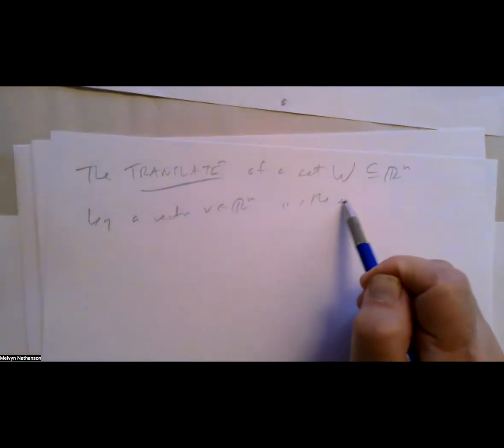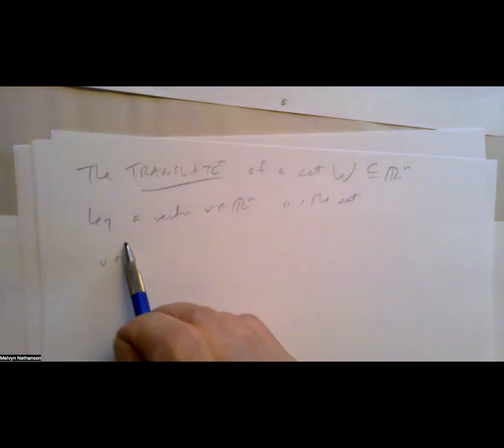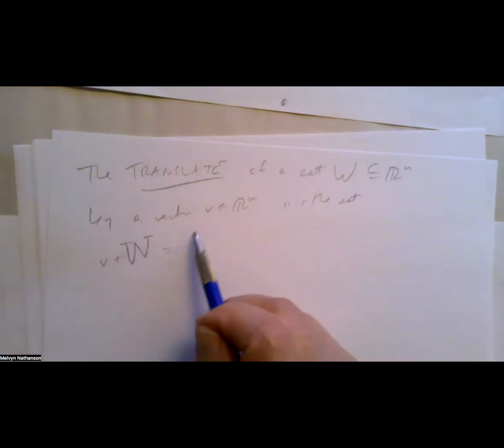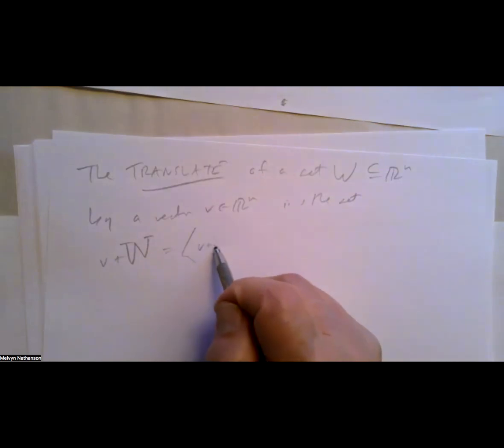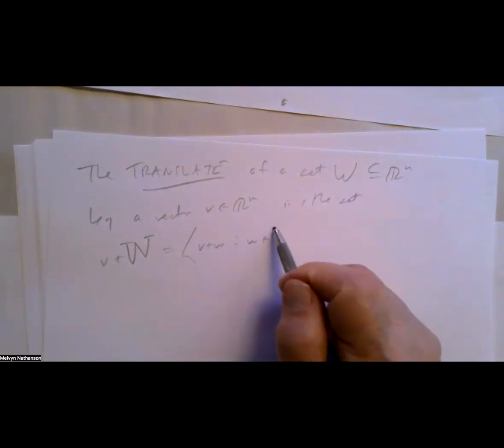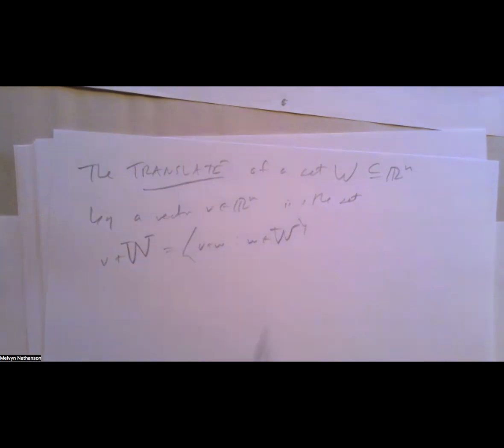It is simply the set, which I'll denote by V plus W, of all vectors V plus little w as w runs through all the elements of the set W. So you have a set W. If you add V to every element in W, you've translated W by the vector V.